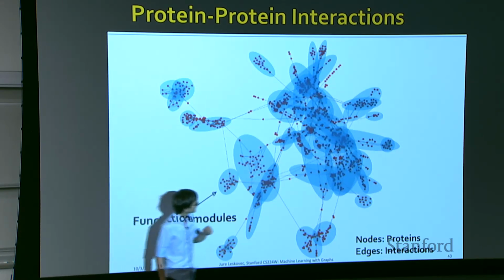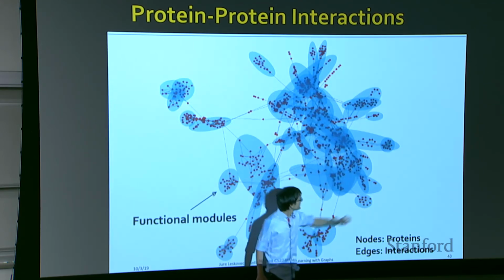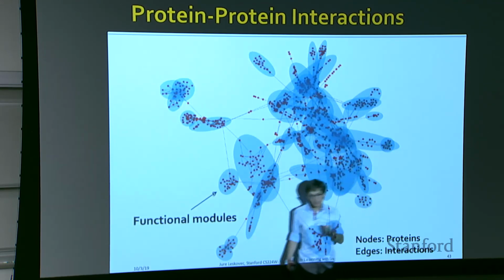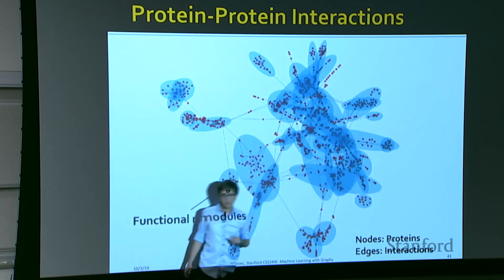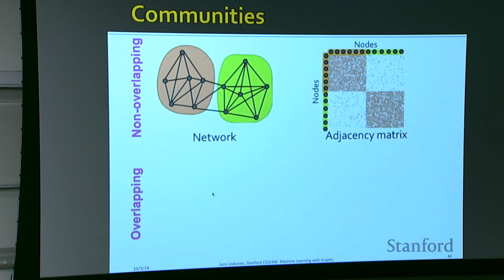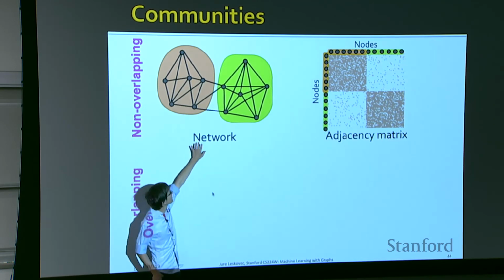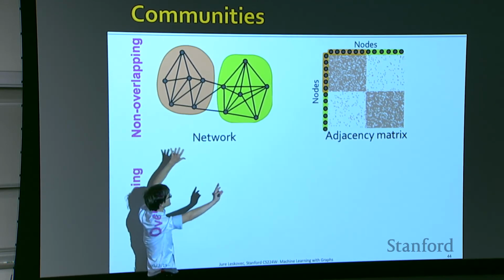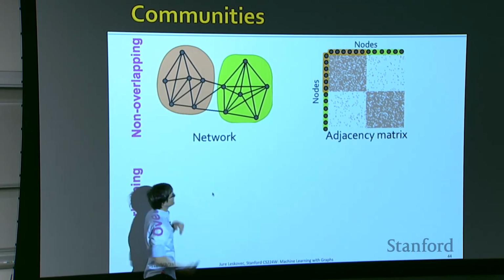You see that in some cases these modules overlap quite a lot. Some are nested, like this one is part of a bigger one. So you see this kind of hierarchical overlapping structure. To contrast with what we talked about so far, we talked about this view of the network, where you have multiple groups that are linked strongly inside but don't interact too much.